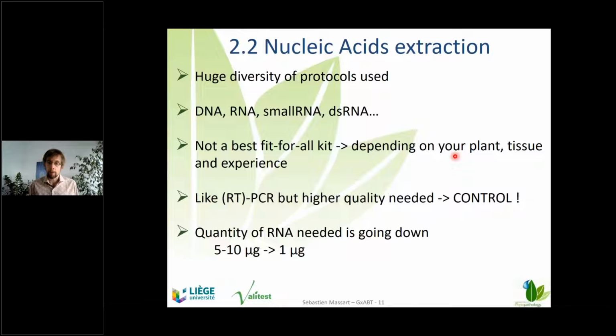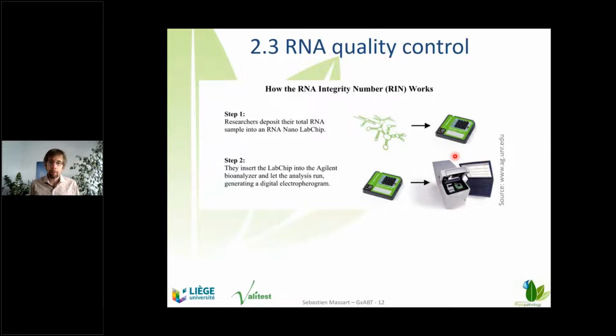Now, you can go to 1 microgram or even less with specific protocols, which means the quantity in microgram is not a limiting factor at all for us. The limiting factor is the quality, and the quality might be important. I will give you some overview of the quality of RNA, how we control it.